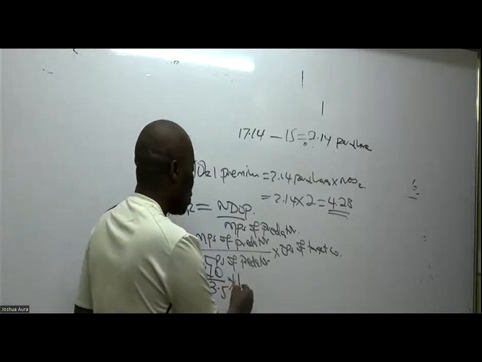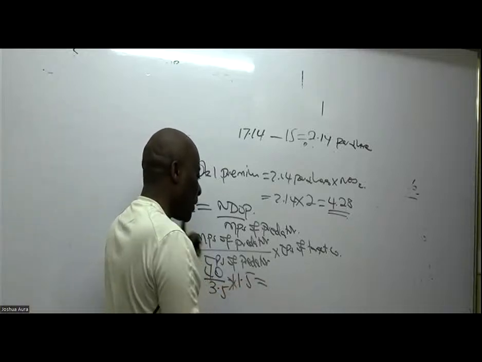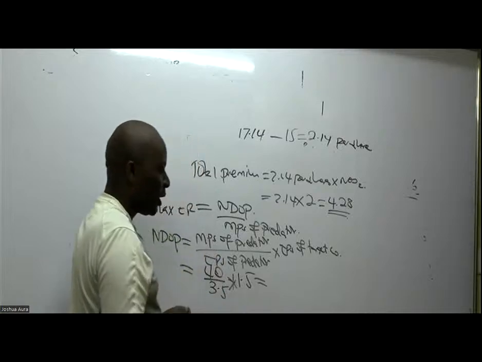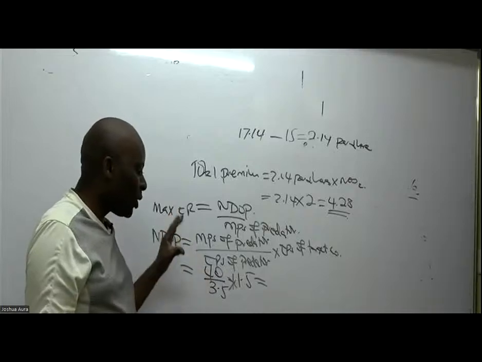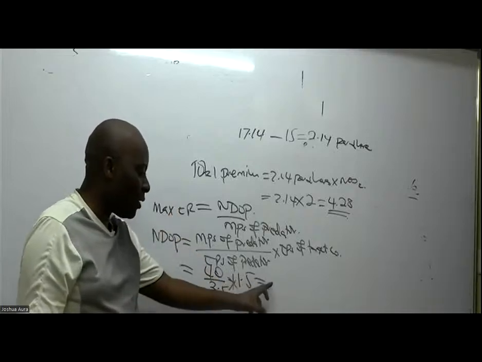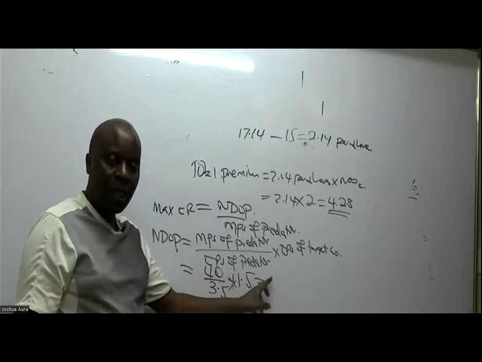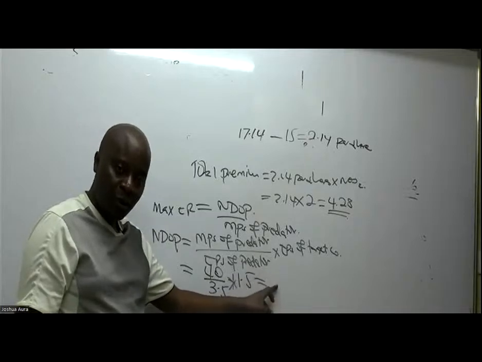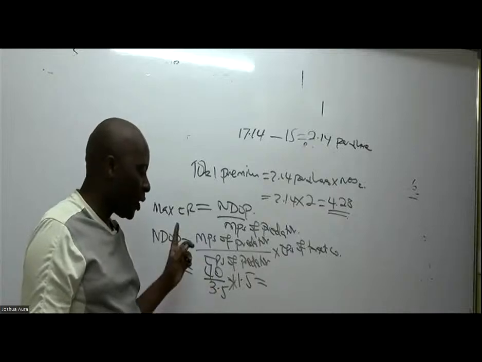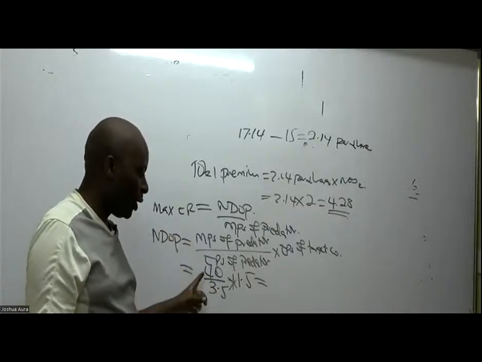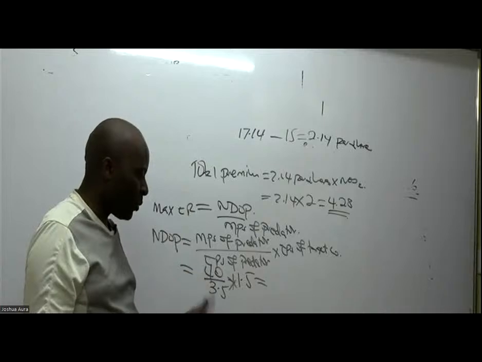So please ensure that as you get this answer, if you want to be exact in terms of the number of shares that will be exchanged, if you're using this format, then ensure that you get your answer in the form of a fraction. Don't get like 17.14, right? And how do you get this in the form of a fraction? It's 40 divided by 3.5 times 1.5.